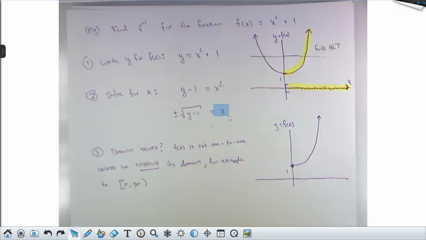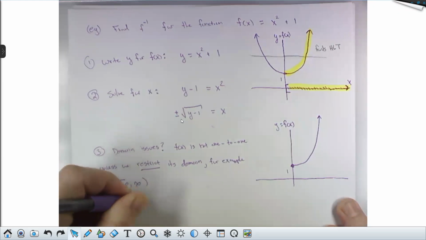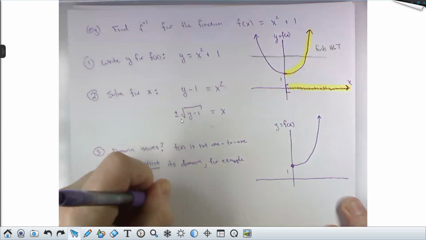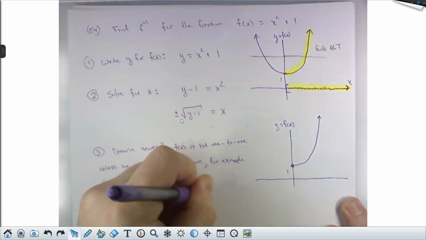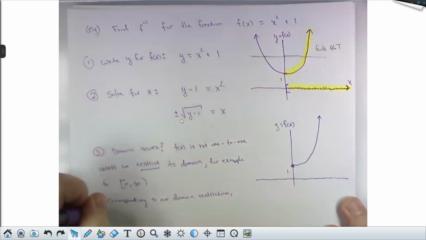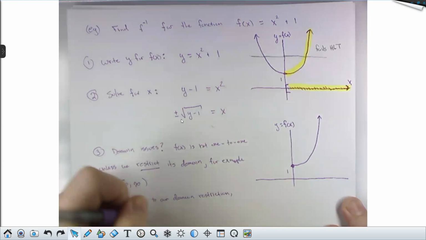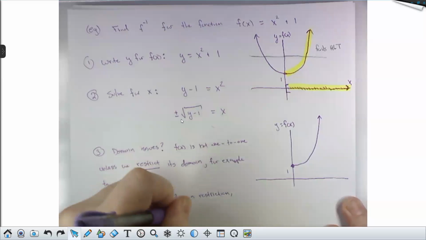And here we have x equals either some positive value or some negative value. So corresponding to our domain restriction, we take the positive square root of y minus 1 to be equal to x.